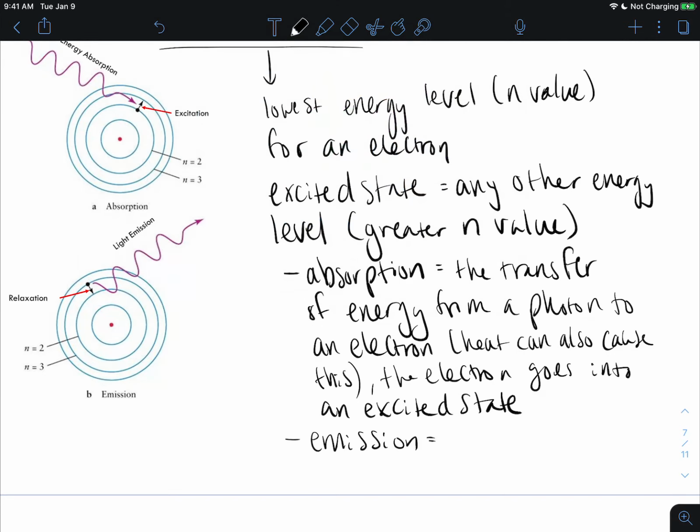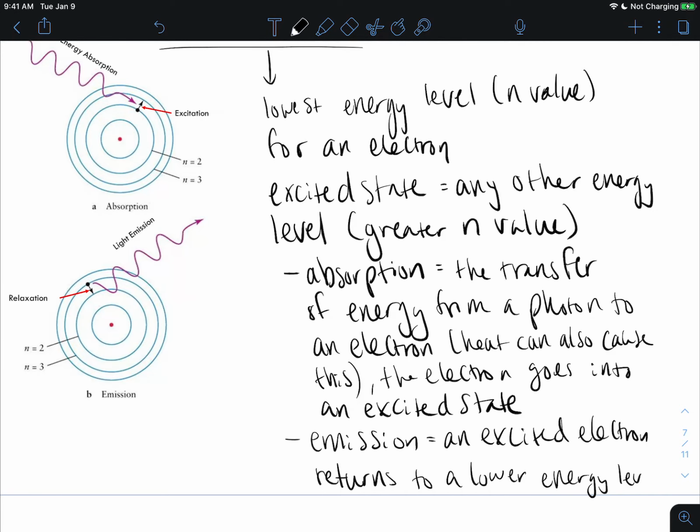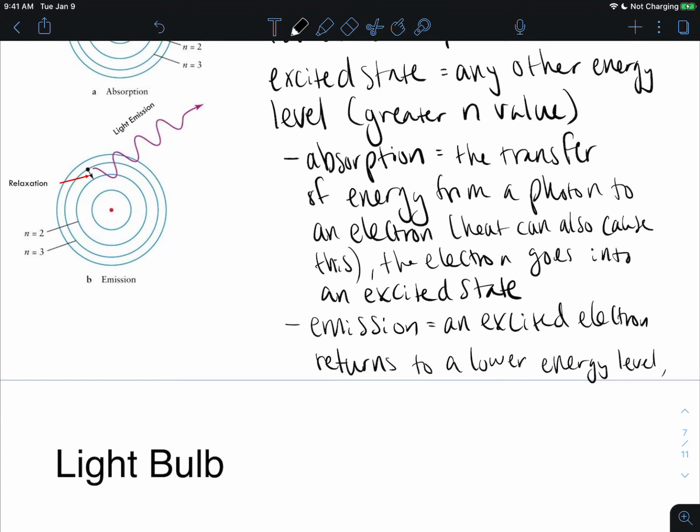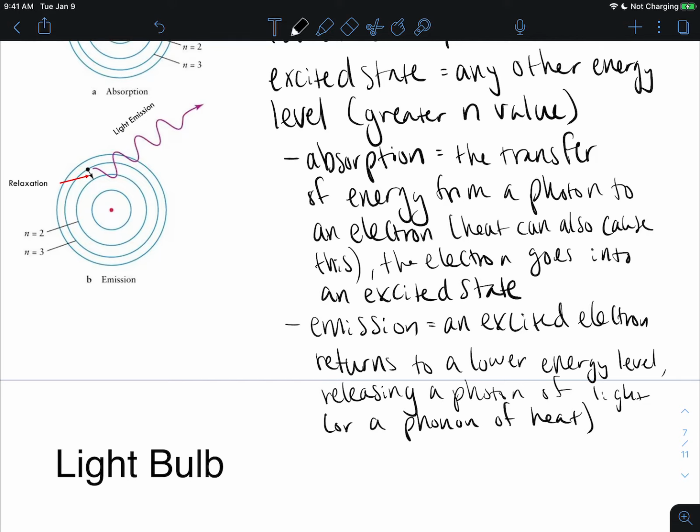In this case, an excited electron returns to a lower energy level, releasing a photon of light or a phonon of heat. So it can release that energy as heat or light.